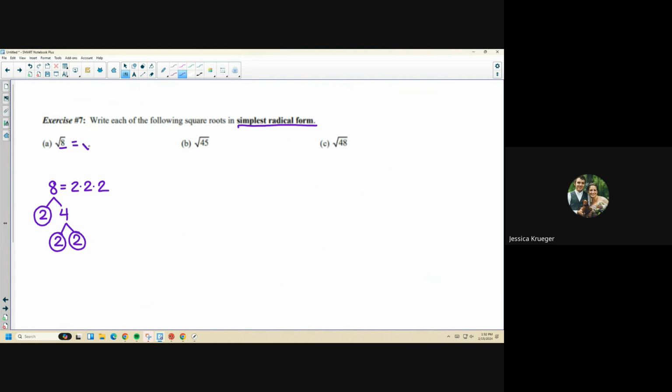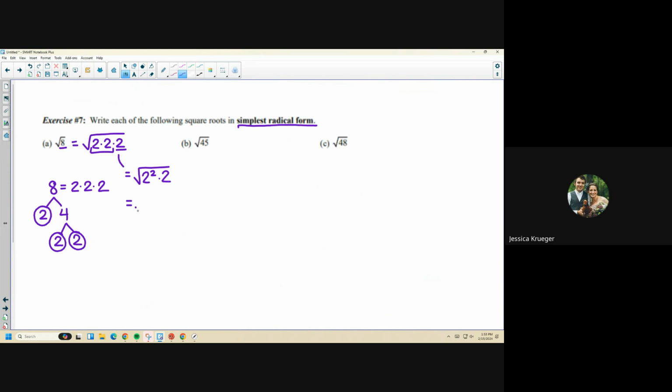So this means square root of 8 can be rewritten as square root of 2 times 2 times 2. Remember that squares and square roots undo each other. So I'm going to rewrite it. I see 2 2's here. So I'm going to rewrite that as 2 squared times this 1 2 that's left over.